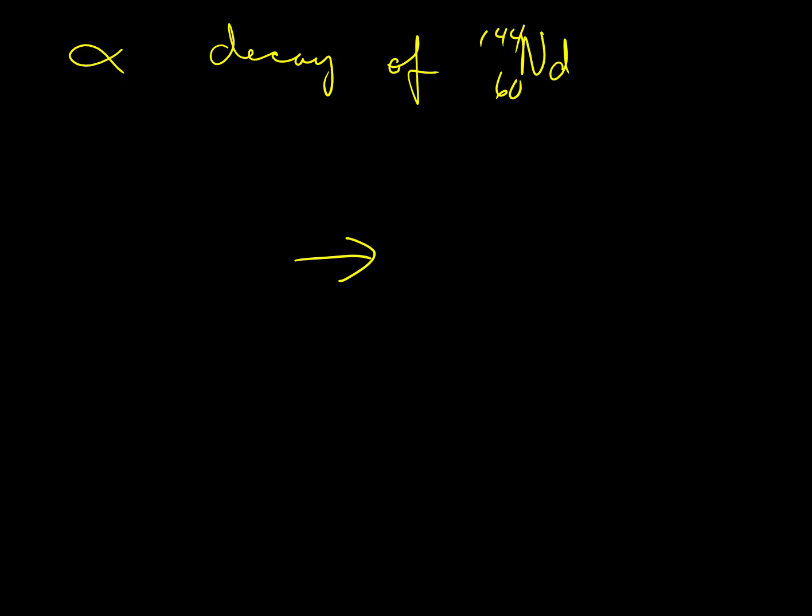Alpha decay of neodymium-144. So where does the neodymium-144 go? It's on the left-hand side, right? That's what I'm starting with. Where does the alpha go? It's on the right-hand side, right?